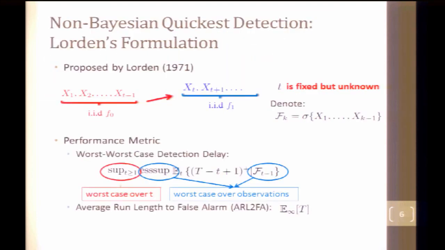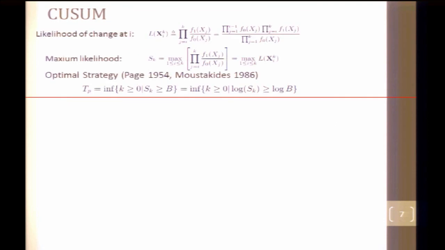So the optimal solution for this problem is something called Q-sum. Let me explain what this means. Suppose the change happens at time I. Then the likelihood of observing x_i to k is very simple.